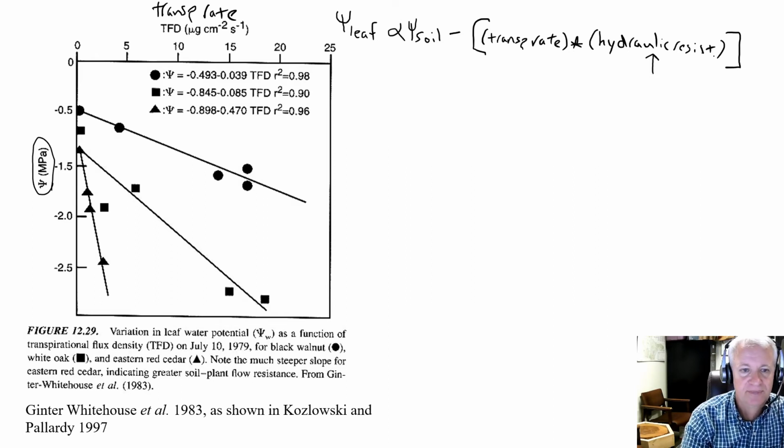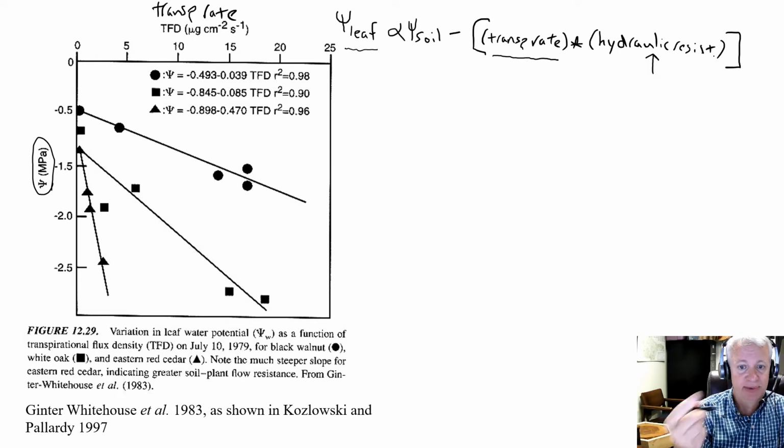Okay, so first let's look at any individual line. What we can see is the pattern that we would predict and that we've already talked about in previous lectures, where an increase in transpiration rate, all other things being equal, results in a more negative leaf water potential.